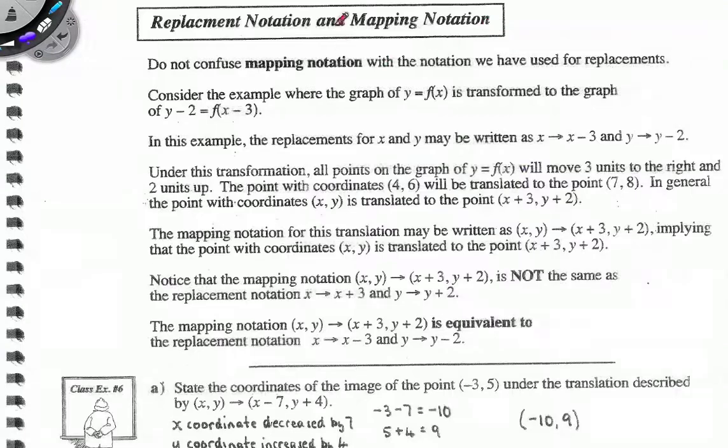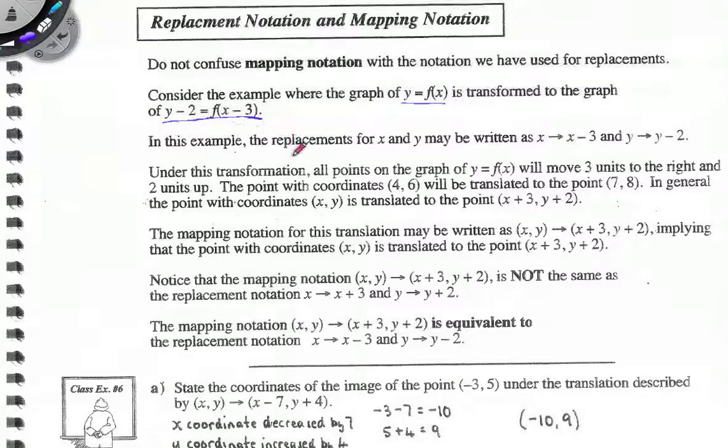Okay, replacement notation and mapping notation. Two things to think about here. Do not confuse mapping notation with the notation we've used for replacements. So, consider the example where the graph of y equals f of x is transformed to this.